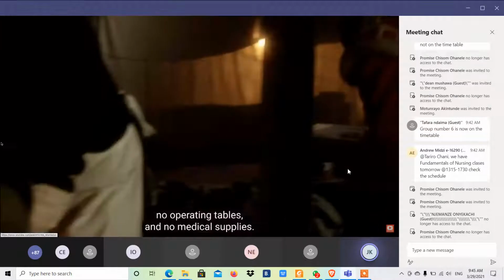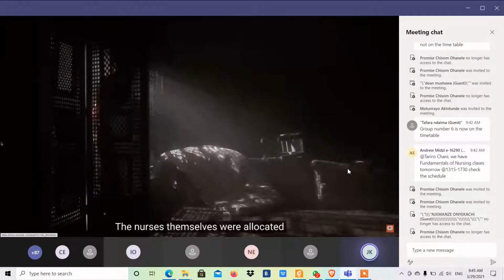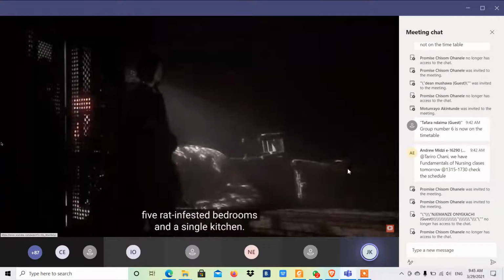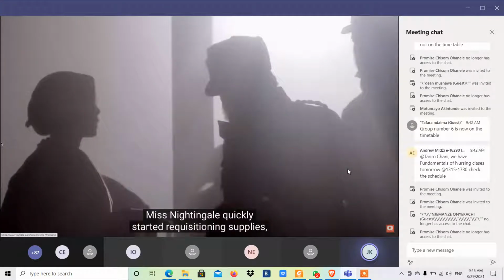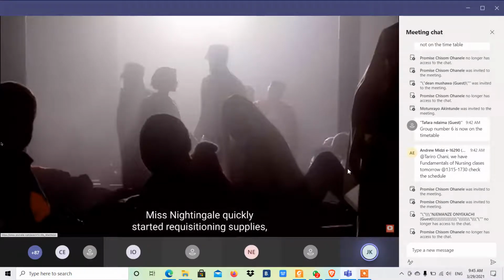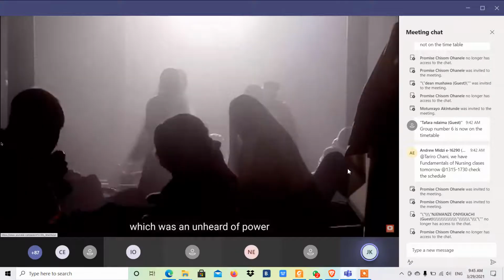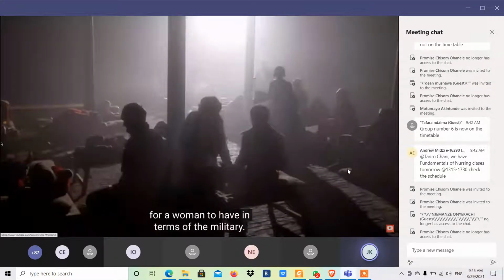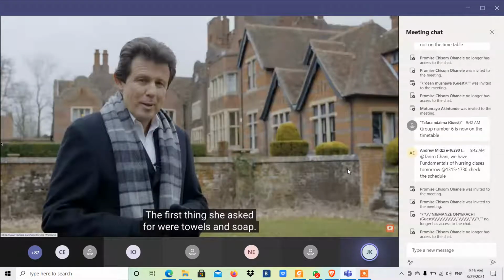The nurses themselves were allocated 5 rat-infested bedrooms and a single kitchen. Miss Nightingale quickly started requisitioning supplies, which was an unheard of power for a woman to have in terms of the military. The first thing she asked for were towels and soap. Then she started insisting that the clothes be washed and the floors scrubbed.